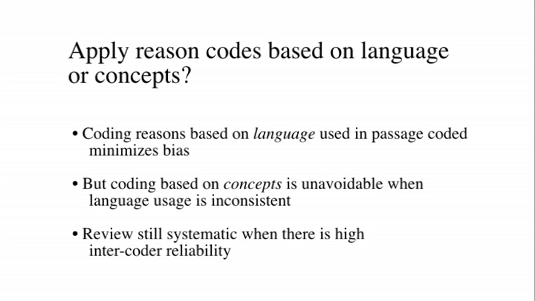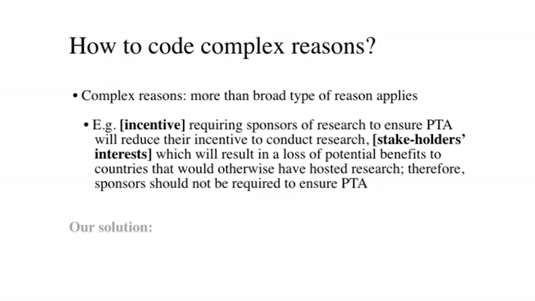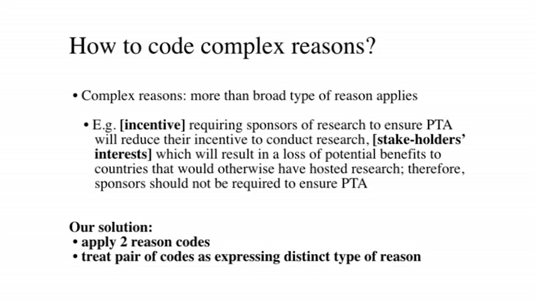Many systematic reviews in medicine, for example, also have unavoidable bias. So to recap, our proposal is that each reason given for the view that post-trial access must be ensured, or for the view that post-trial access need not be ensured, should be assigned both a broad type of reason and a narrow type. But how do we code arguments with multiple premises, each of which expresses a different reason concept?